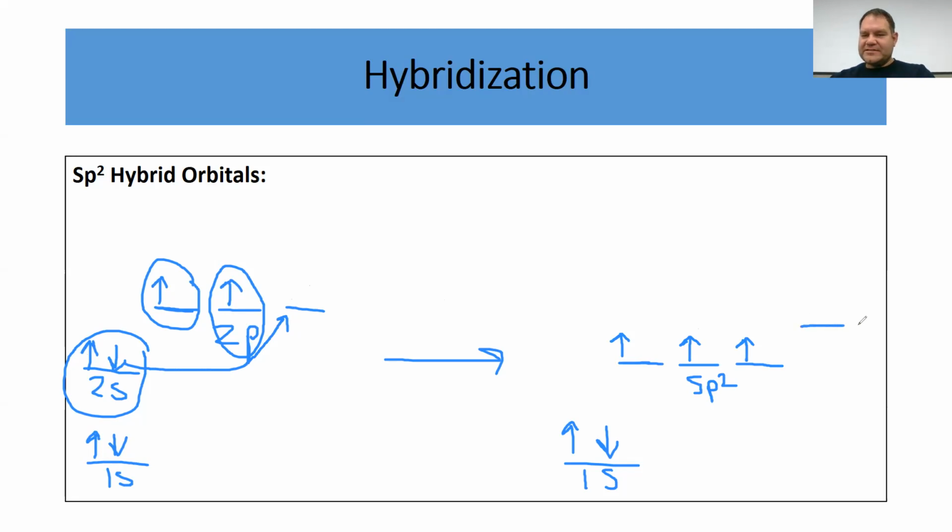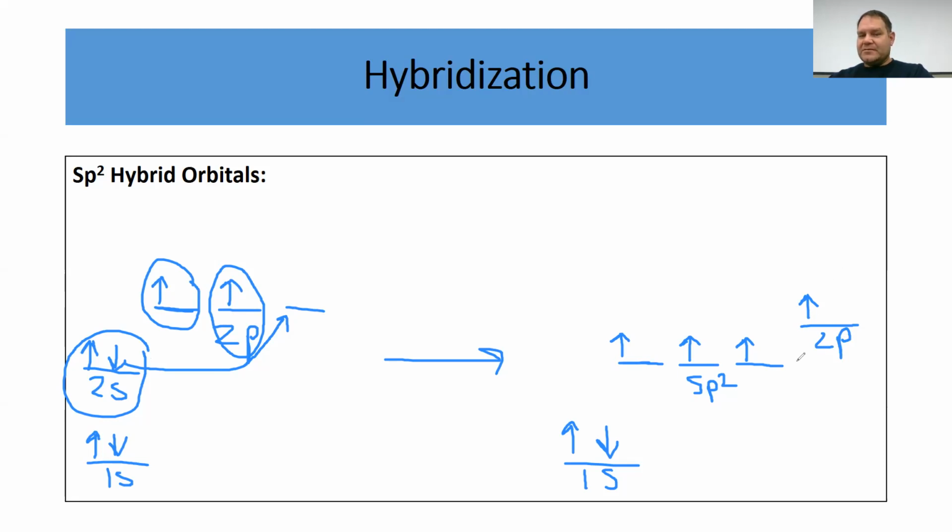So what really is happening here is we have a 2p orbital still left over with an electron in it. Okay. So we are forming only 3 sp2 orbitals, because we're only mixing 2 of the p's and 1 of the s's. We still have a p orbital left over. And so that's going to have an electron in there.